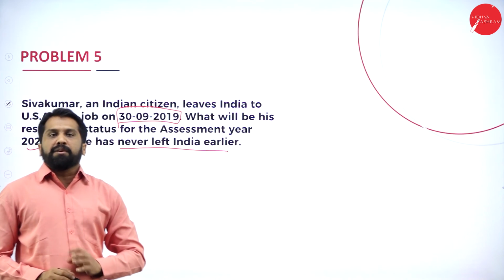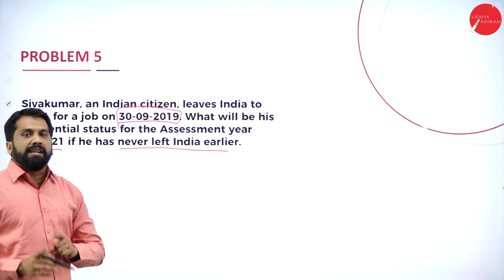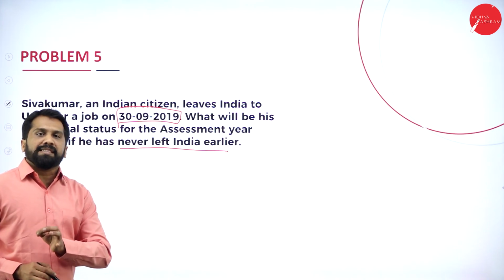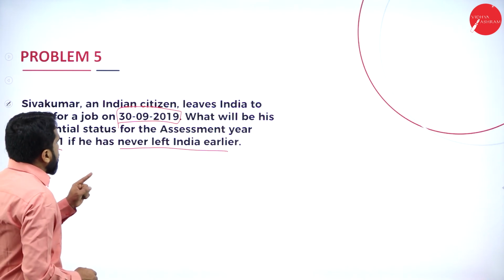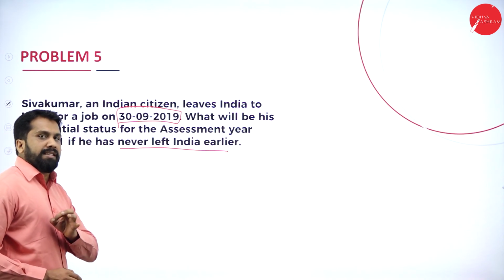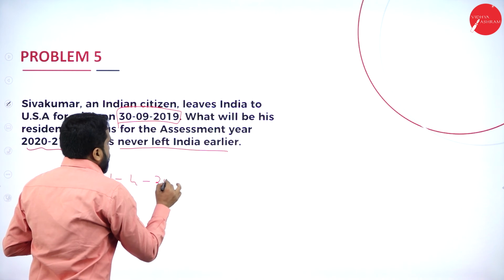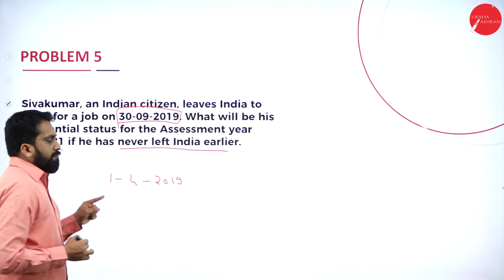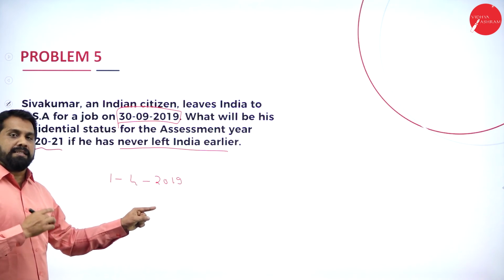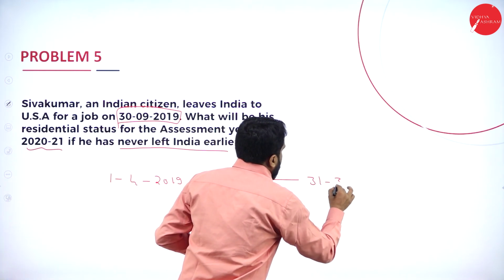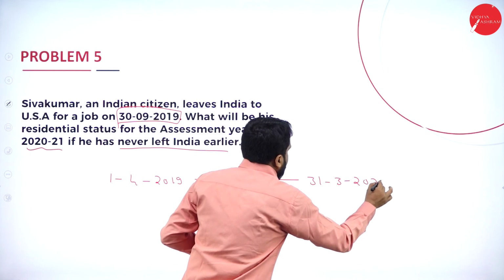Now, I told you the formula for how to calculate. First, you should find out which is your previous year. As per this, your previous year is 1st April 2019 till 31st March 2020.